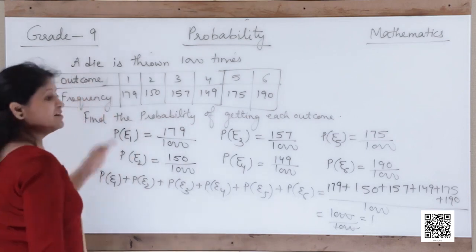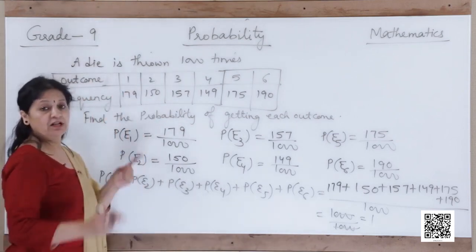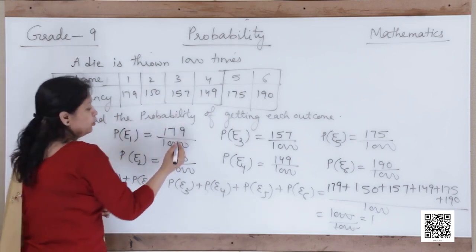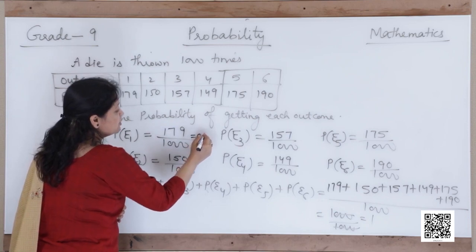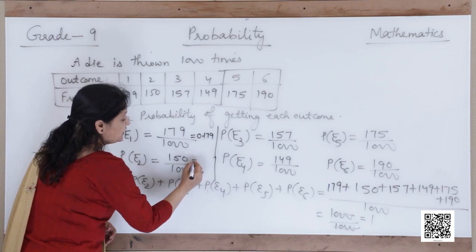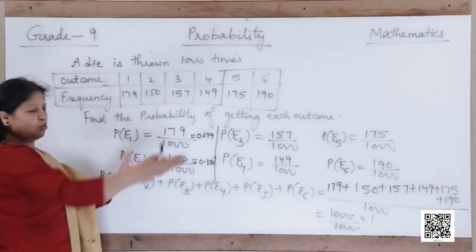Also you can observe that probability of every number lies between 0 and 1. You can check. 179 by 1000 means 0.179. Similarly, 150 by 1000 means 0.150 and so on like that.